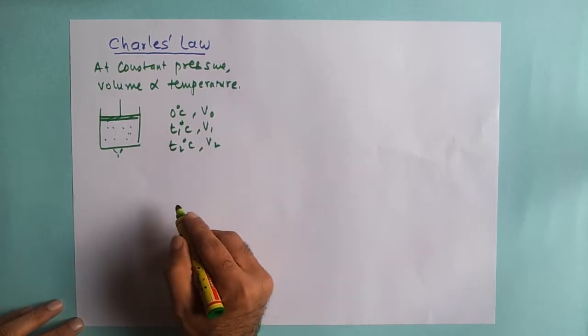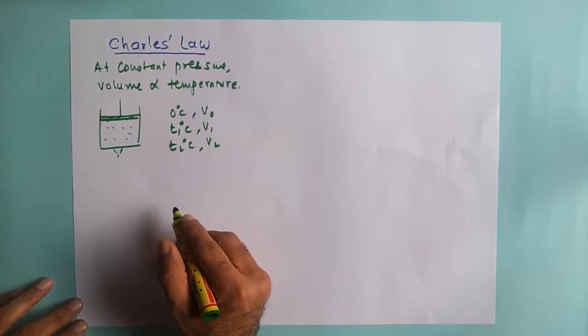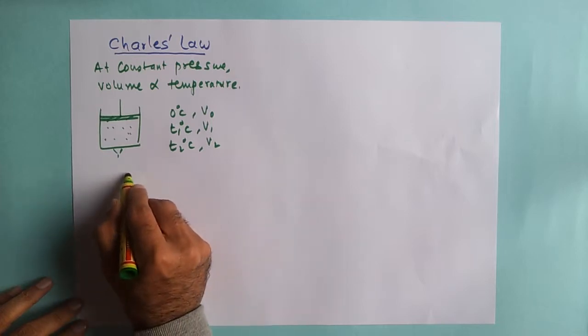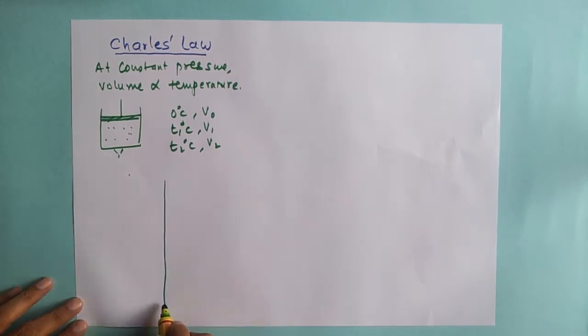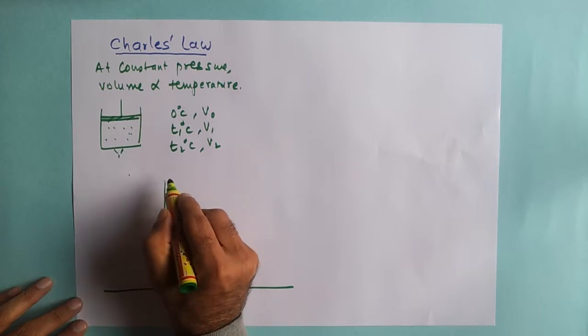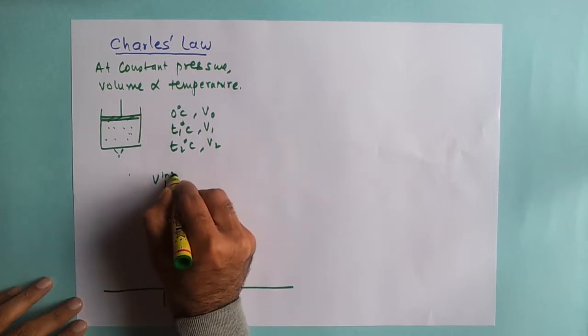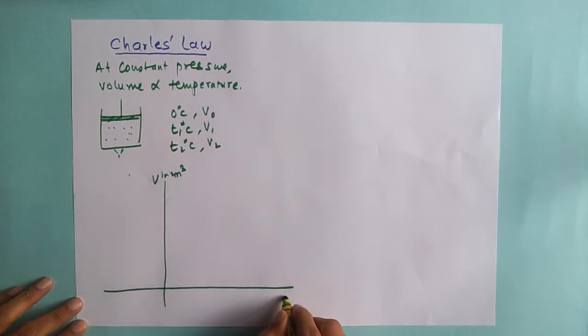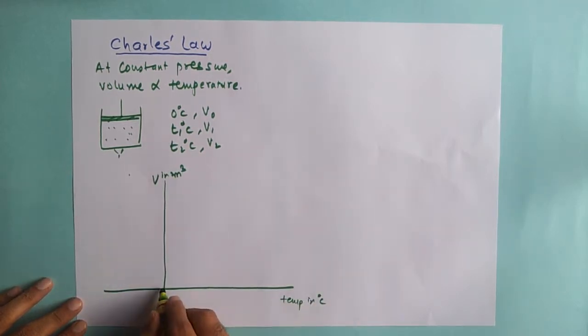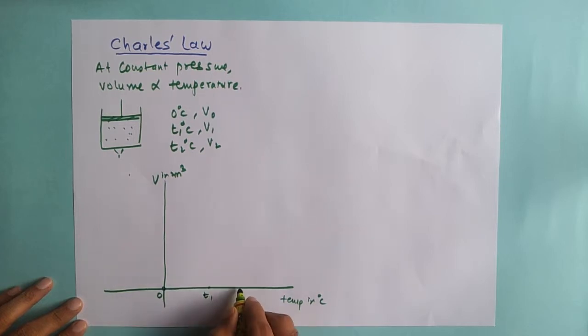So if I plot a graph of volume, let us say in meter cube, and here temperature in degrees Celsius, this would be 0 degrees Celsius. Let us say this is temperature T1, this is temperature T2.